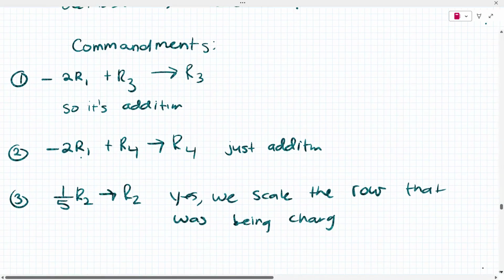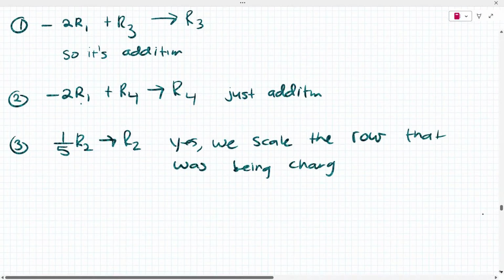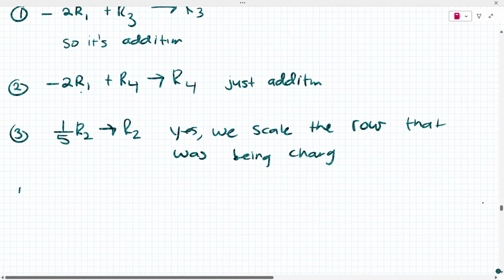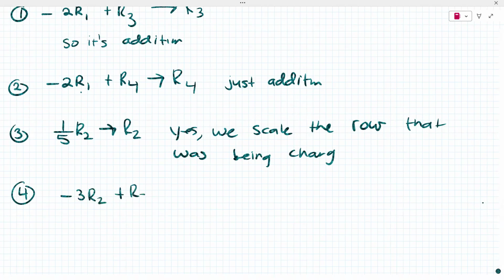Anything else? Let's see. The fourth one was -3 row 2 plus row 3 gives me row 3. So let's see. Scalar of row 2, but our new was row 3, so it did not scale, so it's just addition, so nothing changed.